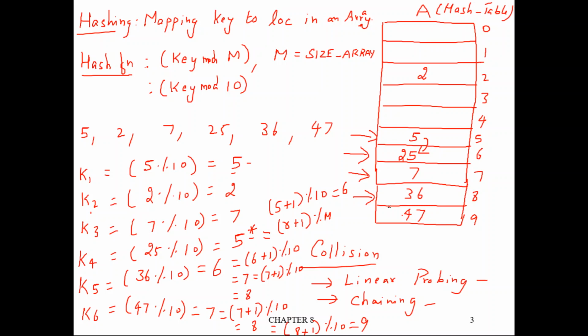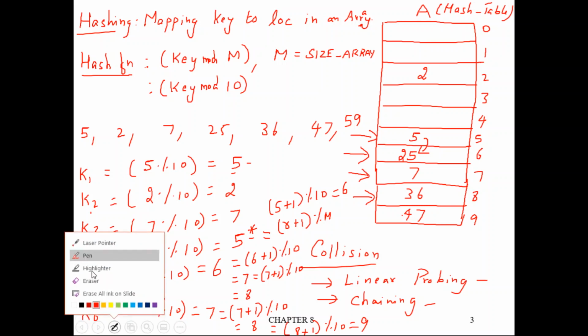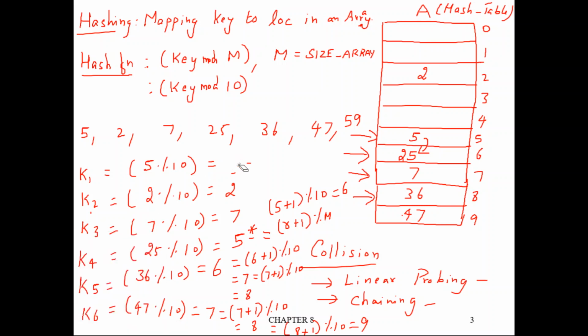Okay. Say that now I want to insert something called, say, 59. Okay. Now if you map 59, what will you get? You will get 9, right? You will get 9. So I'll delete this.